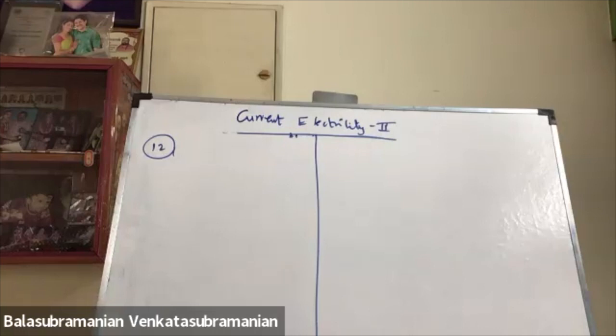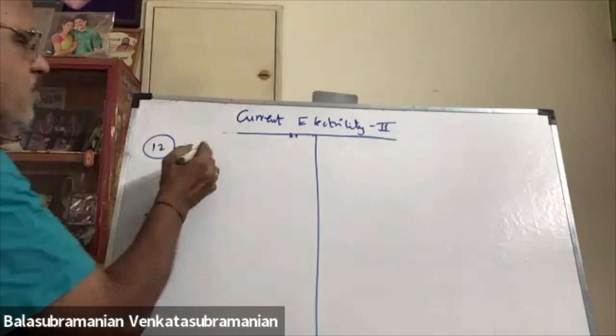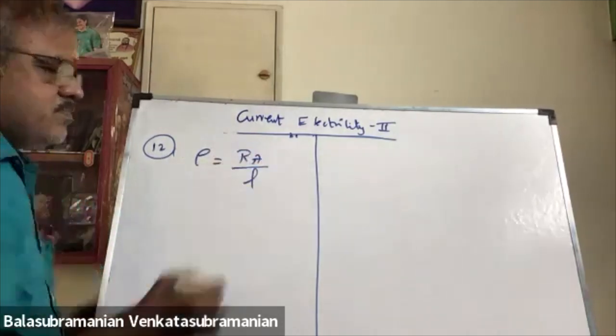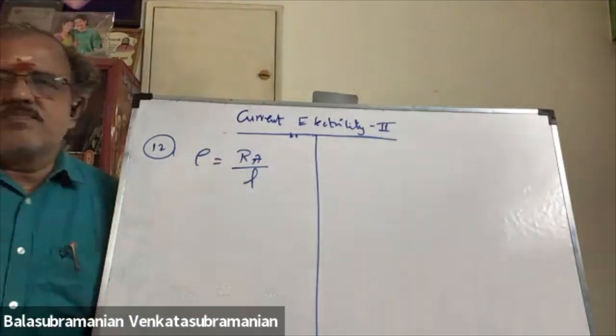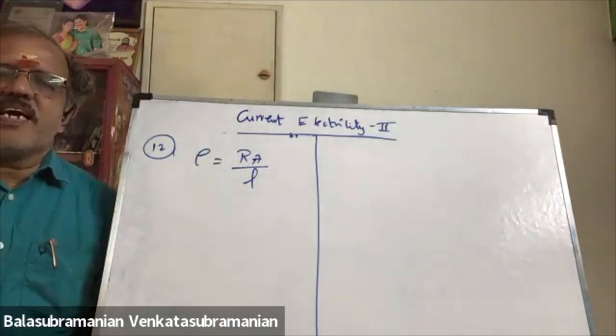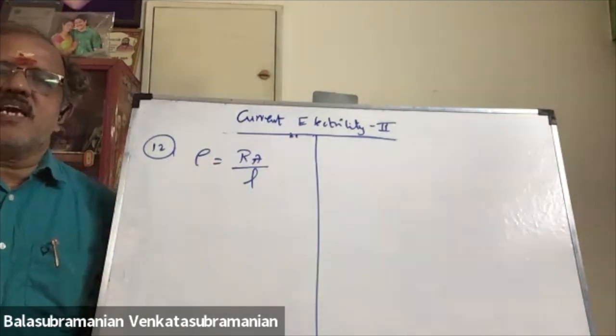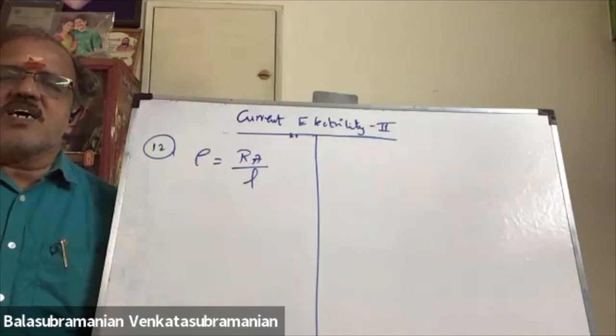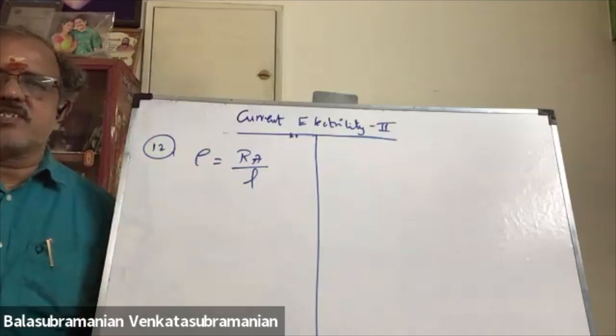Length is L and 2L, area 4A and A. Rho is equal to RA by L. Same material: whatever change in length, whatever change in area, same material means specific resistance or resistivity will not change.